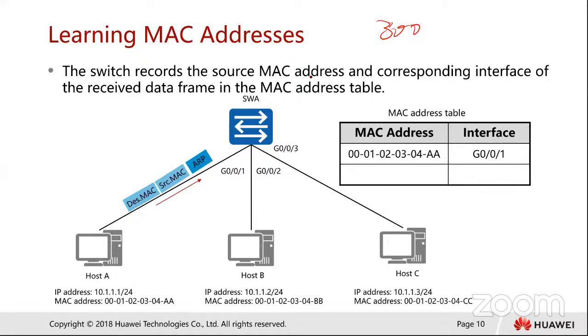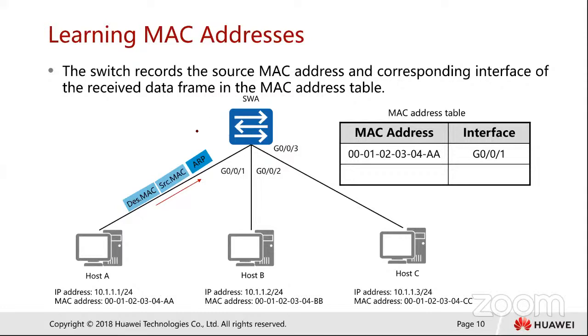So after receiving the data frame from the destination with this MAC address, the switch will go ahead and forward the frame through this interface. When it receives the packet and it knows this guy is on this port, it will always be able to send through that interface.